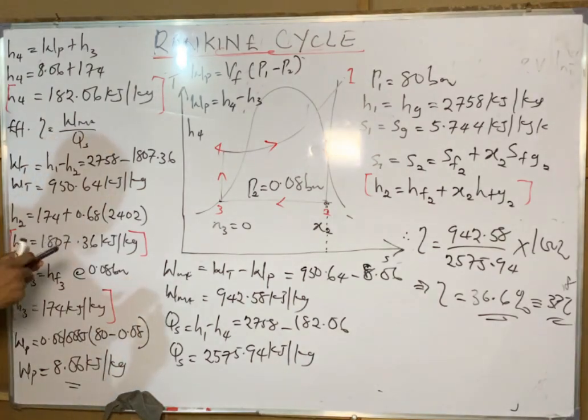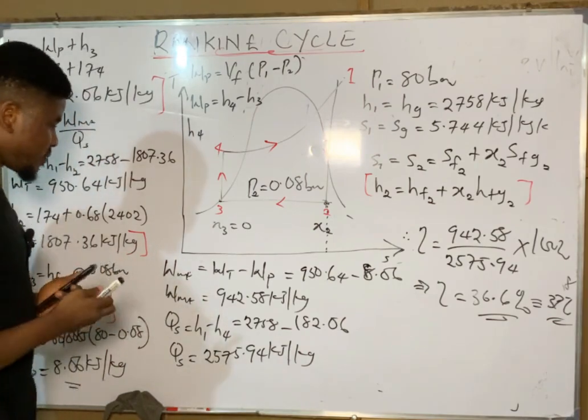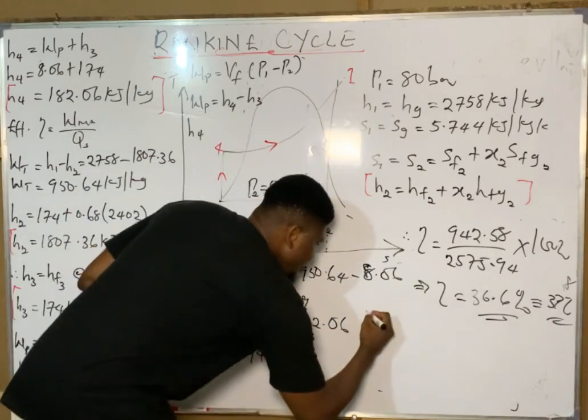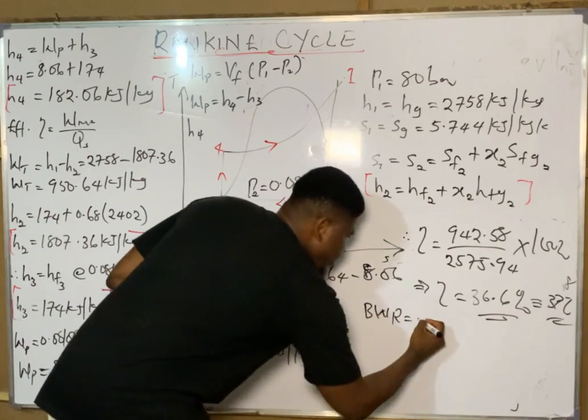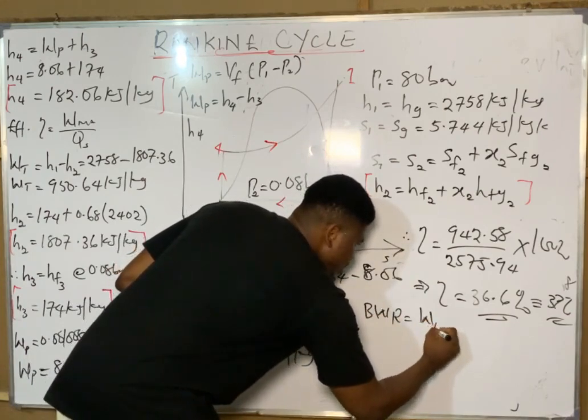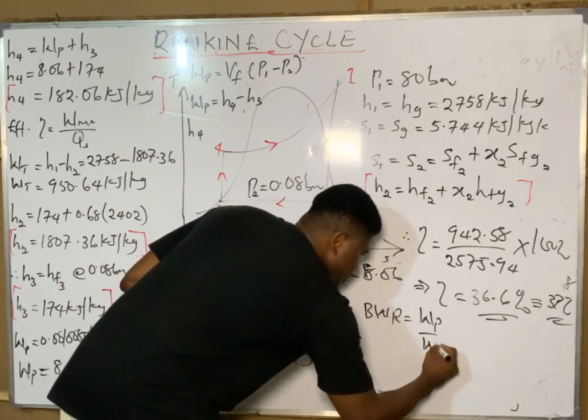The second question says we should find the back work ratio. The back work ratio is simply the ratio of the negative work to the positive work. So it is the negative work, which is the pump work, divided by the positive work, which is the turbine work.